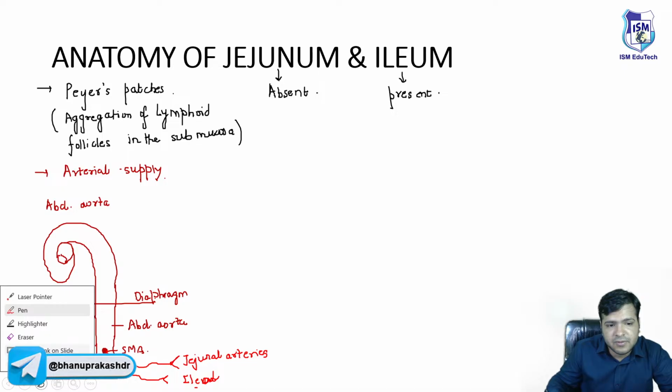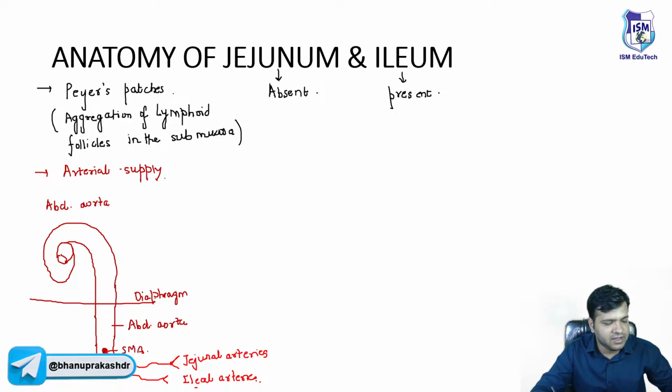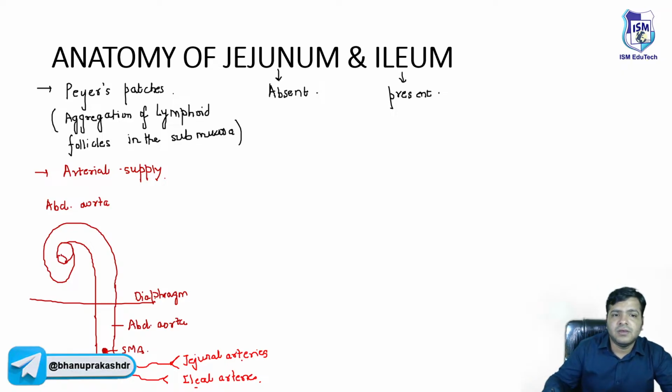So the superior mesenteric artery is giving off jejunal arteries and ileal arteries. Yes, everyone is right. Now, what is the difference in the arterial supply over here? That is something for your understanding.